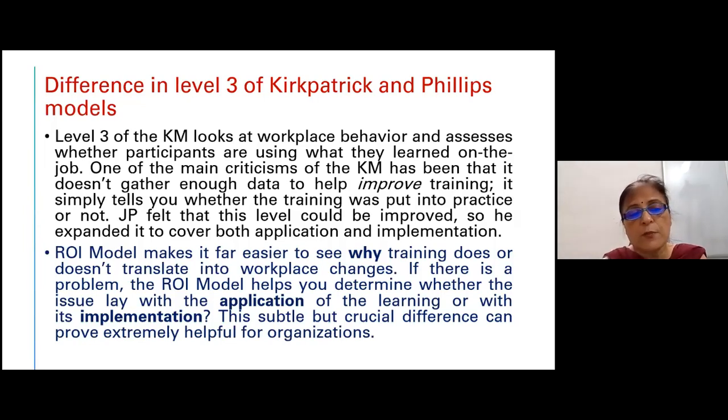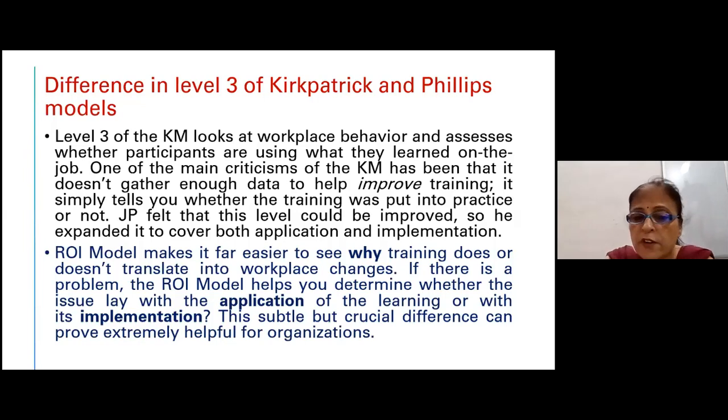So if there is a problem, the ROI model helps us to determine whether the issue lay with the application of the learning, whether the people who learned something could not apply it in the organization. For example, they were trained on some software, but this software was different in the training institution, and the organization had not purchased that kind of software.